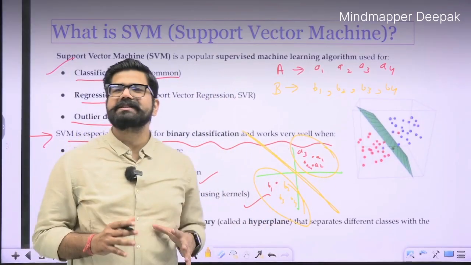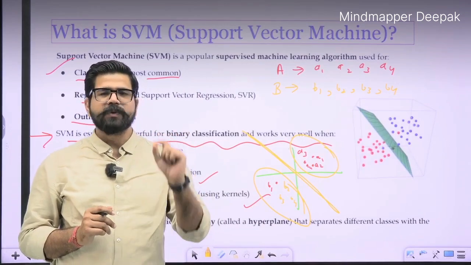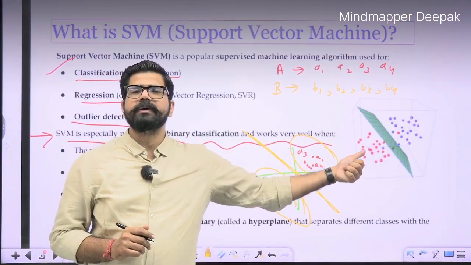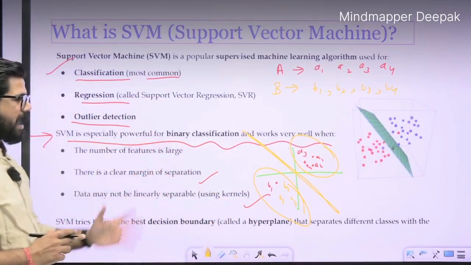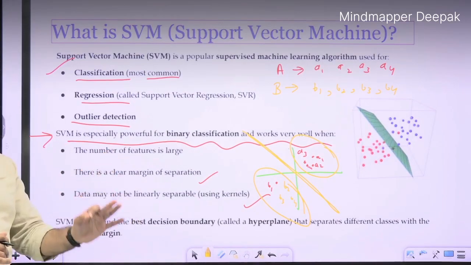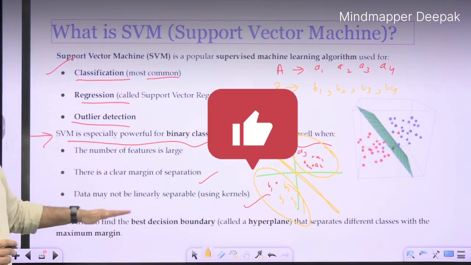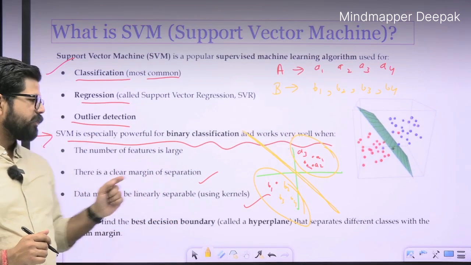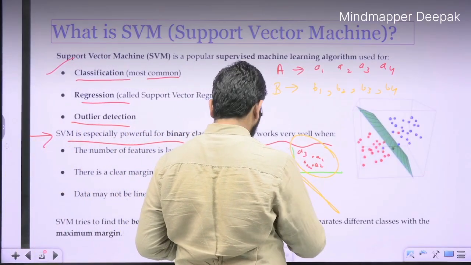So what does the SVM exactly do? SVM is basically a separation line or a separation plane which can separate two or more classes with the help of support vectors, hyperplanes and hyperlines. So a support vector machine is a method which finds the best decision boundary to separate the different classes with the maximum margin. These points are known as the support vectors.